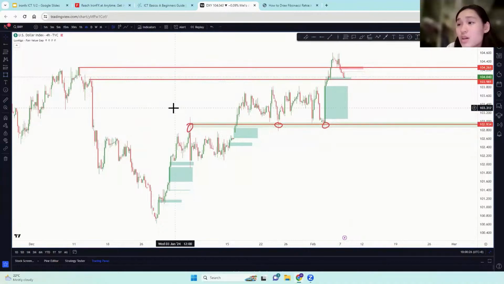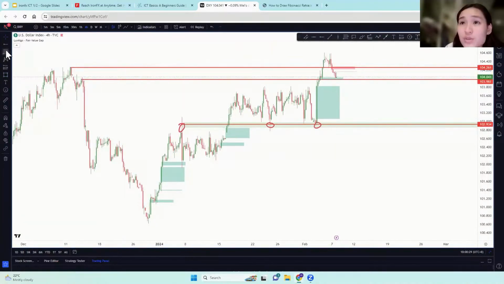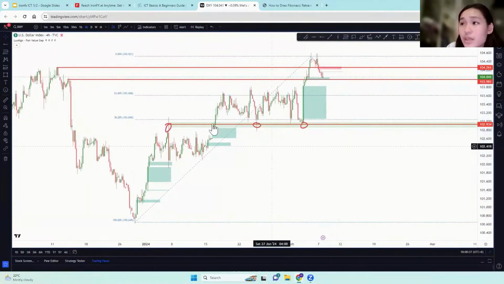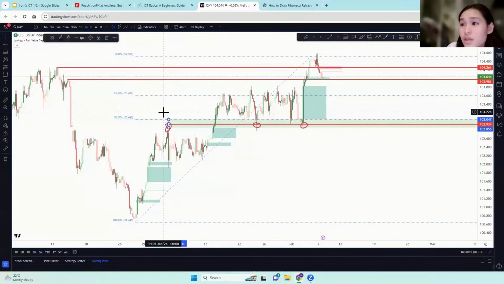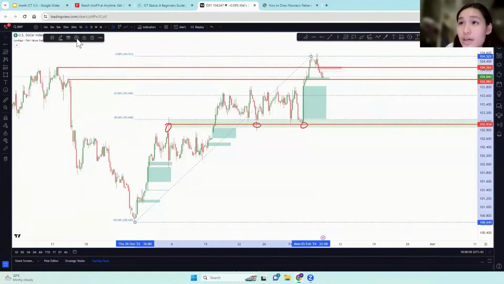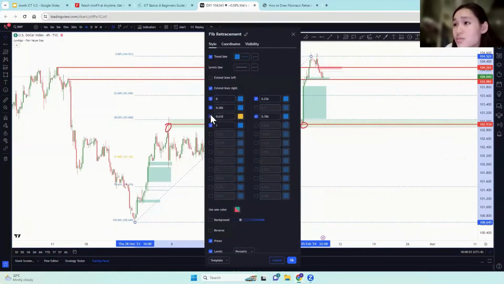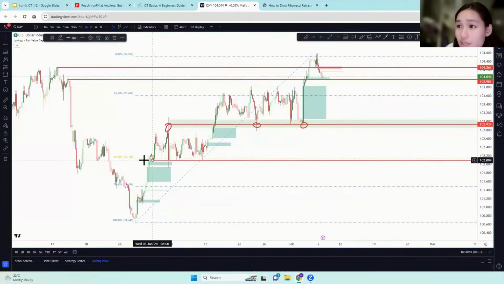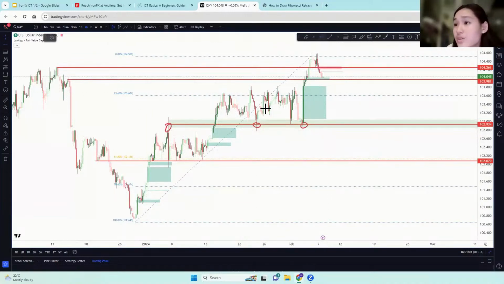Let's see if we can make use of our Fibonacci levels as well. Here we have a nice 38.2 that lines up with this area. If I look at our 61.8 as well as the 78.6, you can see that they also line up with the highlighted fair value gaps over here.